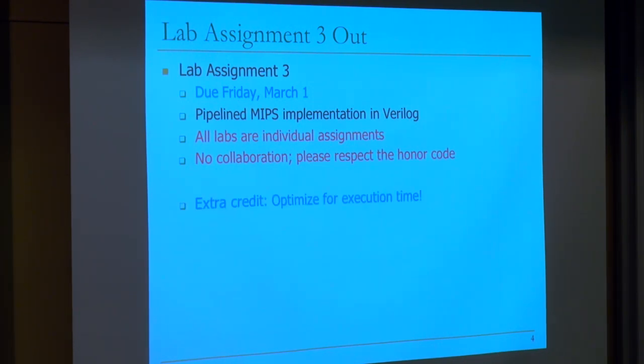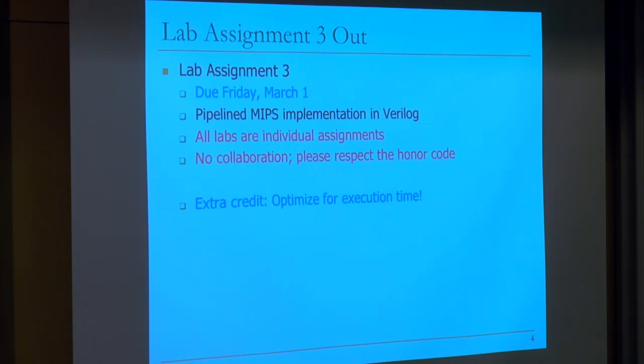There will be extra credit. Extra credit will be easier than the past lab. You won't have to do a completely different implementation. But you're going to optimize your pipeline MIPS implementation. And the goal is to minimize the execution time, on programs that you do not necessarily know, because we're going to test your implementation on our own programs. Of course, you will design your own test cases. But this should be fun. Basically, this should be a balancing act in terms of cycles per instruction, average cycles per instruction, as well as cycle time.